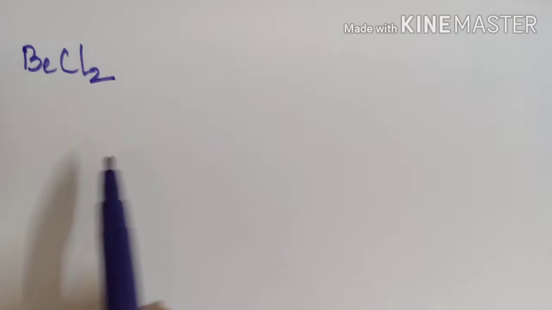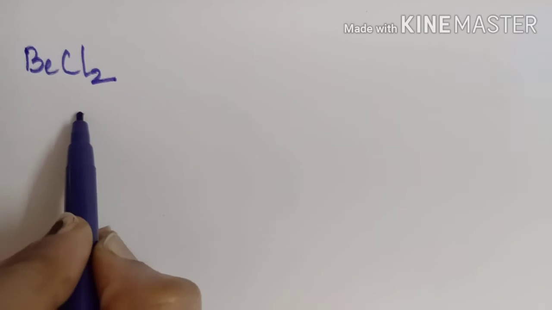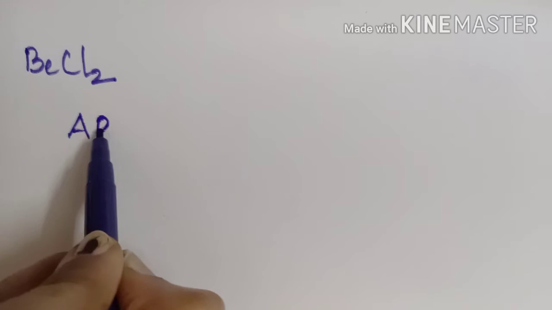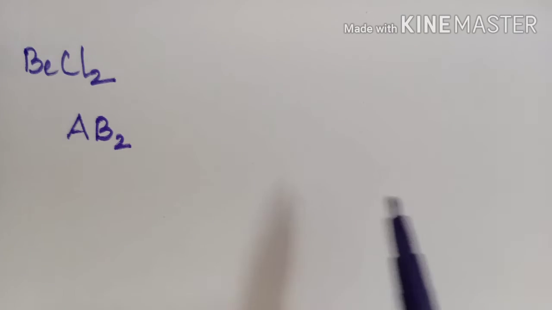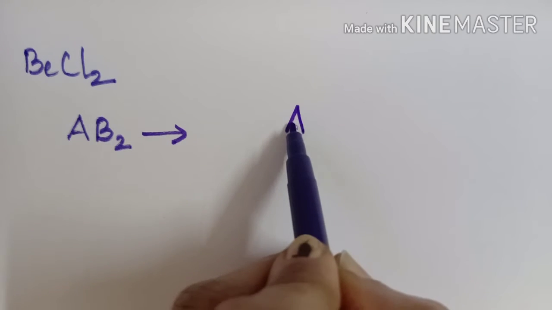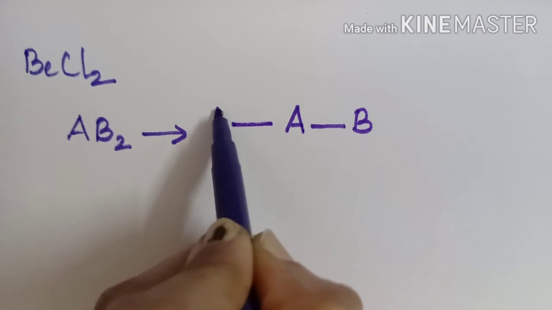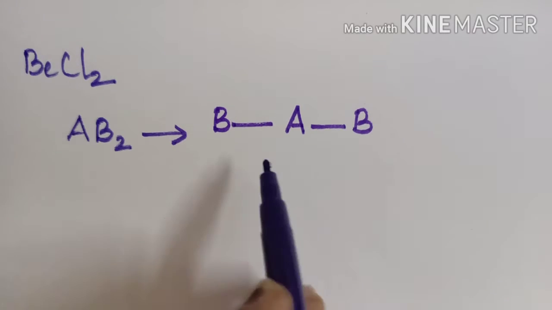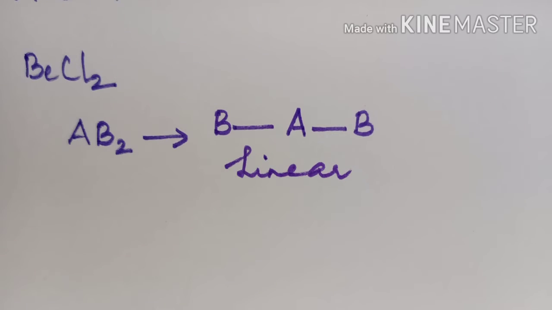According to VSEPR theory, this molecule is of the type AB2. That means it has a linear geometry, with A at the center and B arranged at an angle of 180 degrees. So it is proposed to have a linear structure.